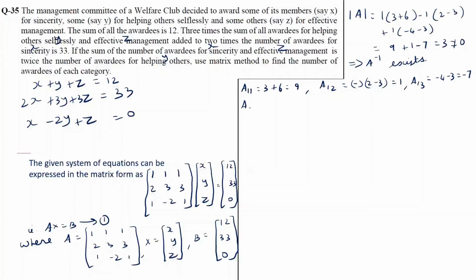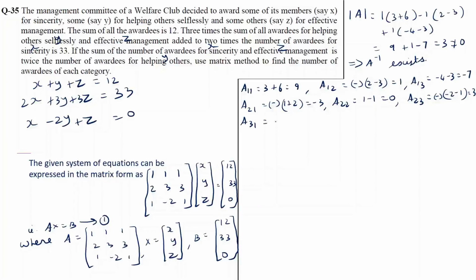Next we have the cofactor of the element in the second row, first column. A21 is minus of 1 plus 2, which is minus 3. Then A22, leaving second row, second column, is 1 minus 1, which is 0. Then A23, leaving second row, third column, is minus of minus 2 minus 1, so it is minus of minus 3, which is 3.